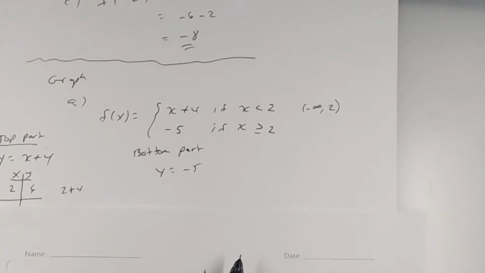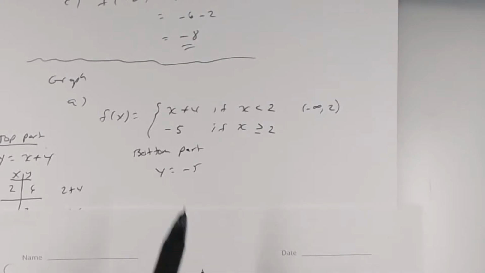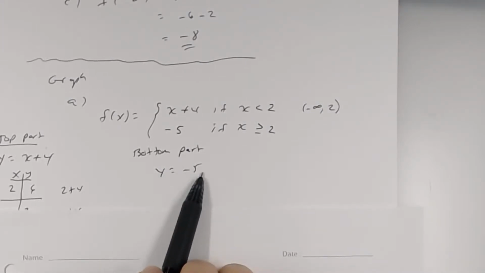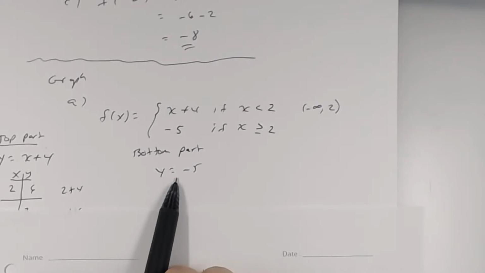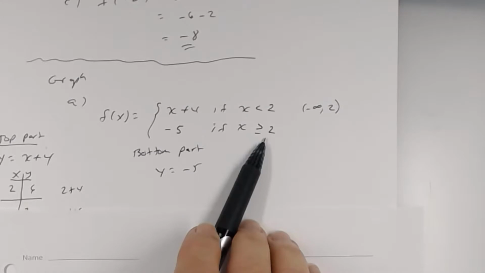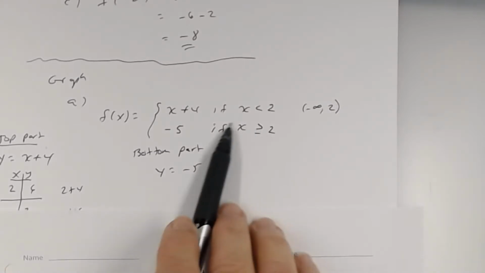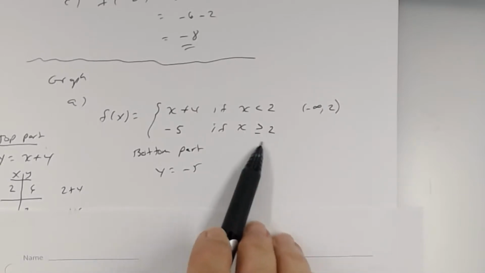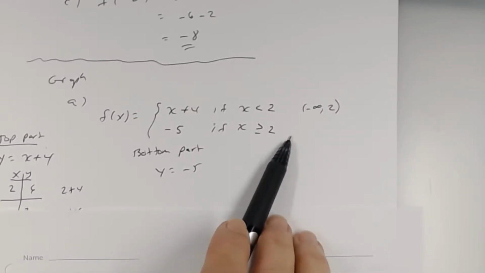Now, you graphed things like this in the previous course. This is also a line, but there's no variable, right? So that means that y always equals what? Negative 5. No matter what x is. But I'm restricting my domain for this. I can only use which values for x? Any number greater than or equal to 2.